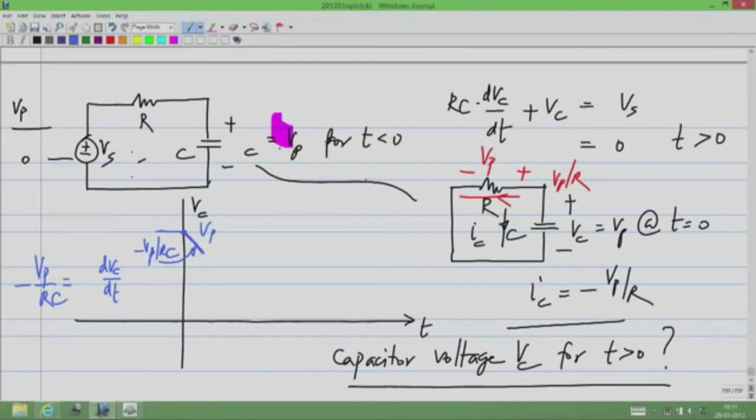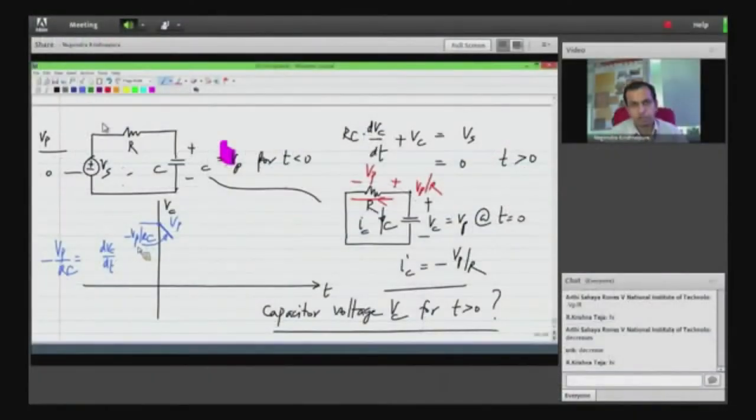Let's say you want a 5 volt source. You can charge a capacitor to 5 volts and use it, but as you draw current from it, the voltage will start decreasing, and it may go so far below 5 volts that it may be useless. But it is used if you want a source for a very short time, where you are not drawing so much charge or current from the capacitor.